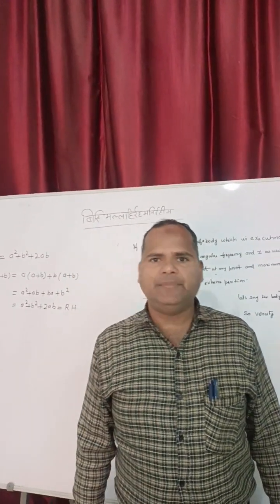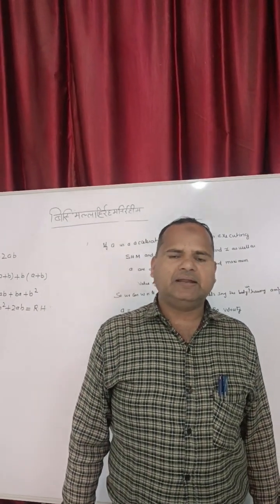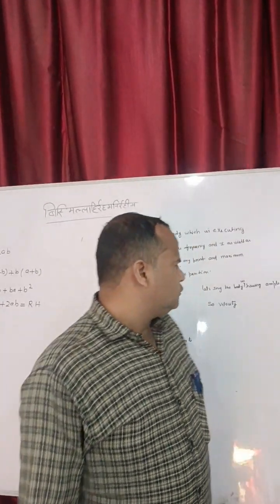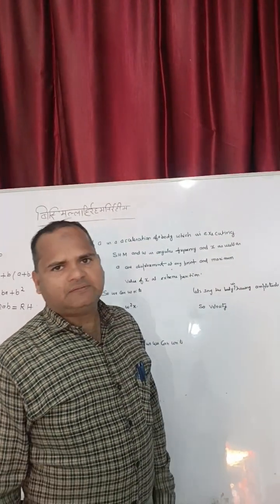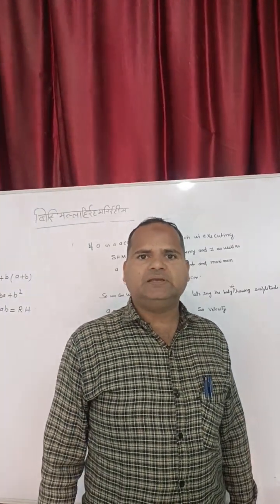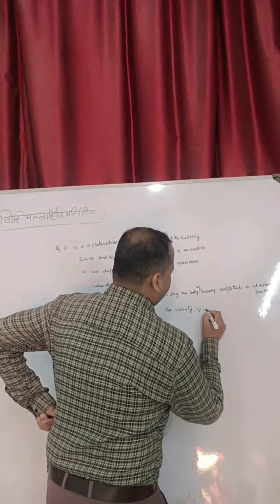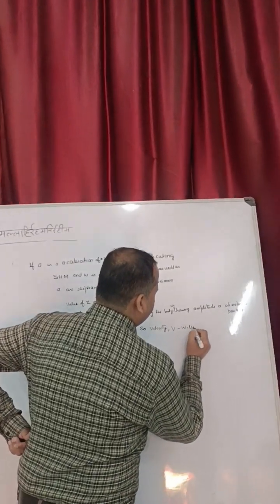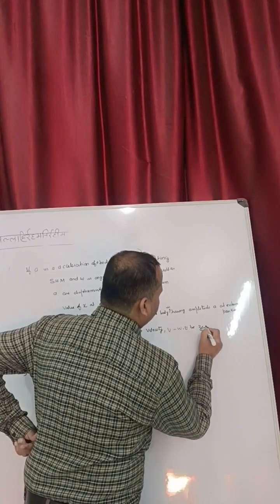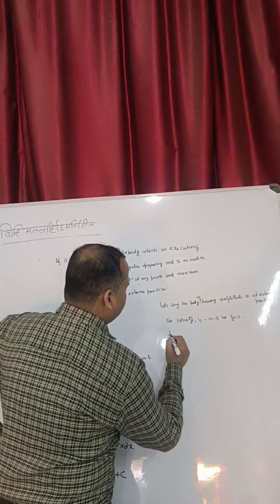After that it will come back to its mean position where x will be 0. So at the extreme position, velocity v will be 0.